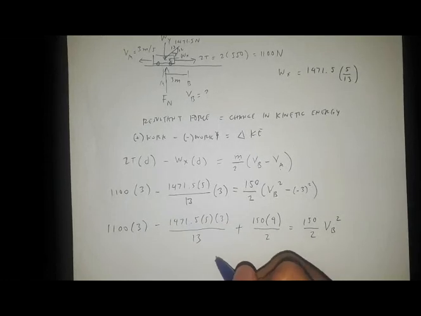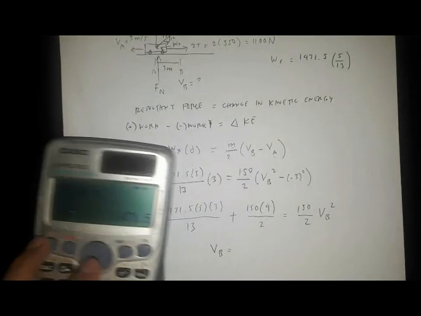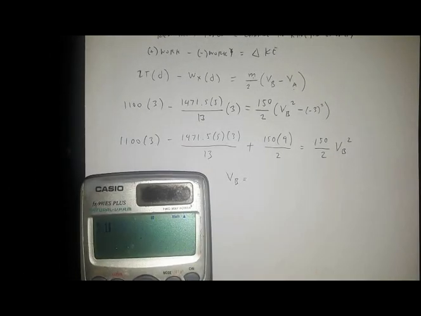So we have one unknown, Vb. So Vb squared is equal to 1,100 times 3 minus 1,471.5 times 5 times 3 over 13 plus 150 times 9 over 2, divided by 150 over 2, and that is equal to 30.36.